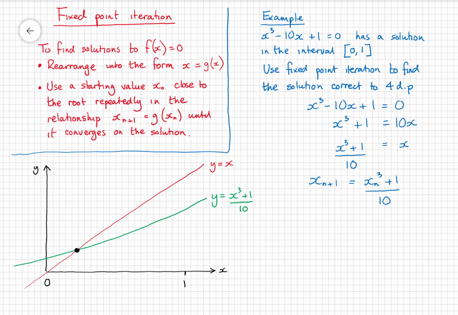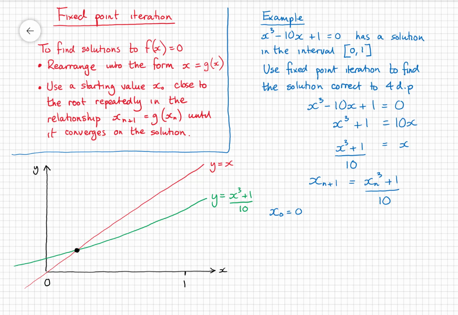Let's begin to use this iterative relationship then. First of all, we'll begin with a starting value of 0, so x0 is equal to 0. Remember, we're putting this into an iterative relationship, and so on your calculator, if you type in 0 and press equals, that places 0 on the answer button of your calculator.